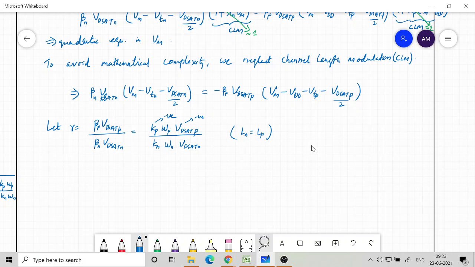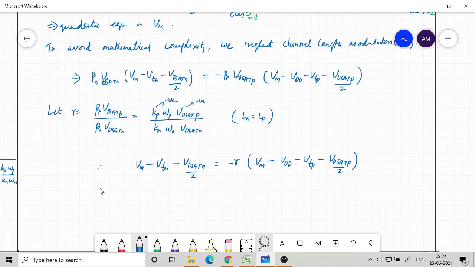So under that approximation, therefore we get Vm minus Vtn minus Vd sat n by 2 as minus R into Vm minus Vdd minus Vtp minus Vd sat P by 2.